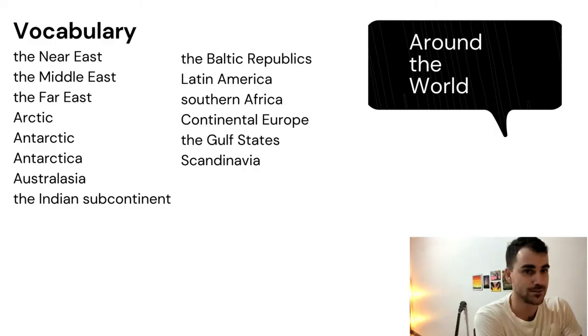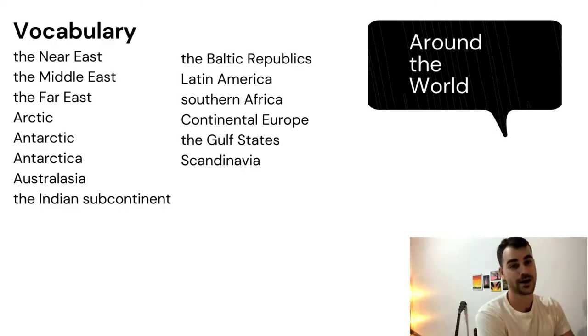Southern Africa, often confused with South Africa. South Africa is a country. Southern Africa is simply the southern part of the continent Africa. It's funny, you can also have Southern South Africa. So this is the southern part of the country South Africa.